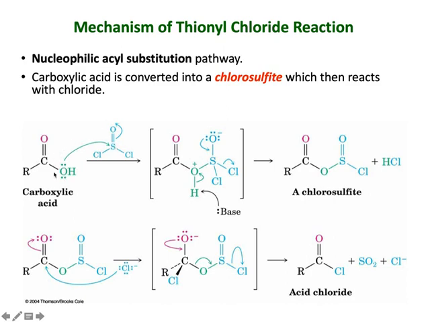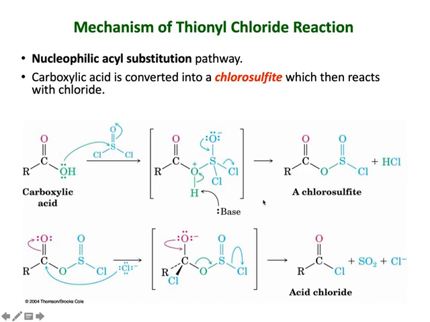Compared to thionyl chloride, OH is a strong nucleophile, so it attacks this one and the pi bond cleaves, forming an intermediate. So this O is more electrophilic. The base again abstracts this proton, so the electron moves to the O, so the O has no positive charge, and then this O minus moves and gives the leaving group HCl.